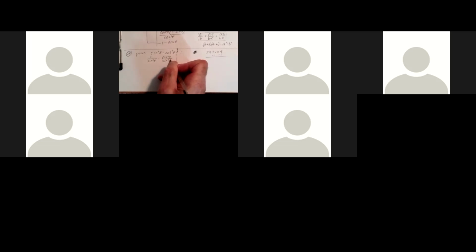Yep, this is definitely a valid way to show that this is a valid identity, is to convert everything into sines and cosines. And notice now we have the difference of fractions that have the same denominator, so we can combine them like this and place this over sine squared theta. That'll work.